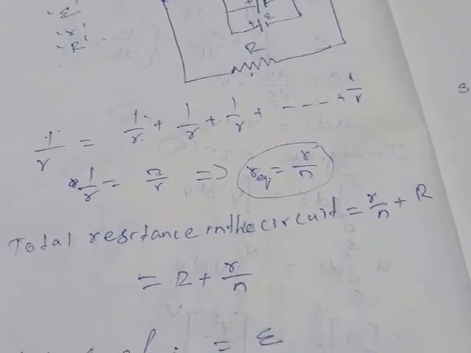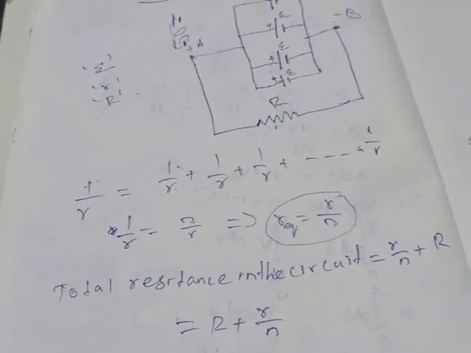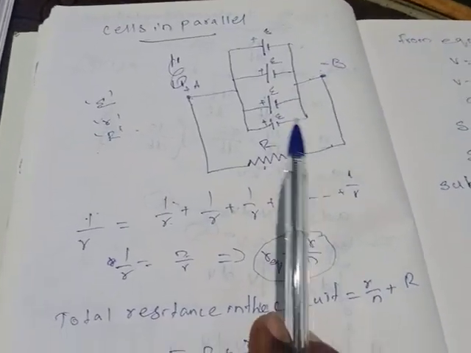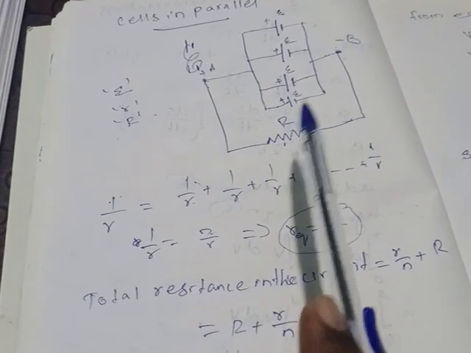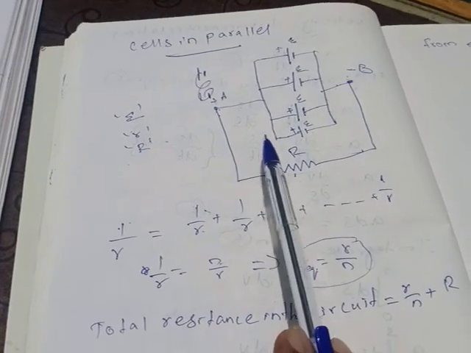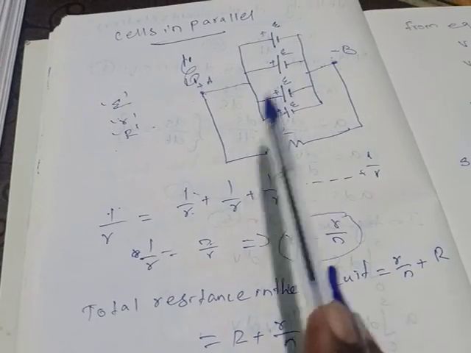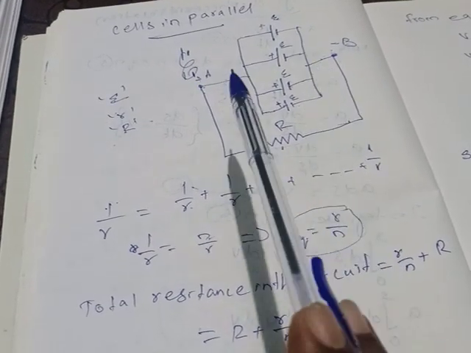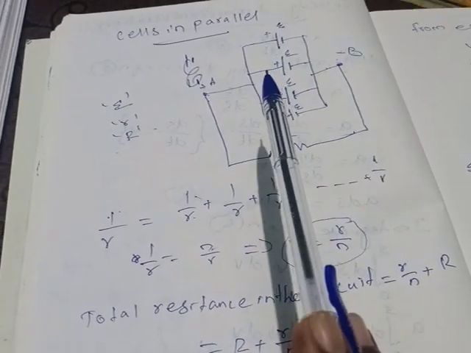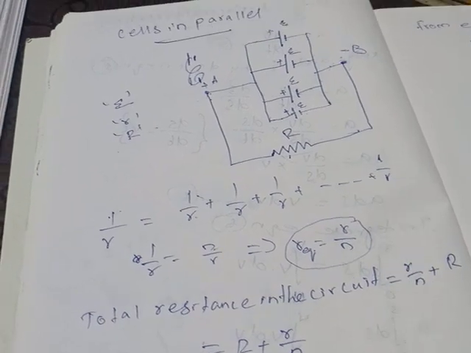Actually, you have to know one thing: in a parallel connection the voltage will be the same at all points, and in a series connection the current will be the same at all points. This you remember.